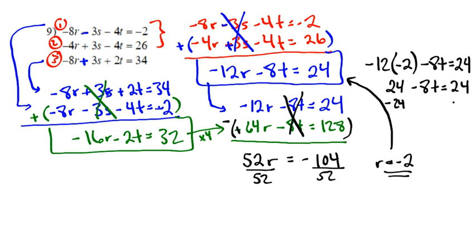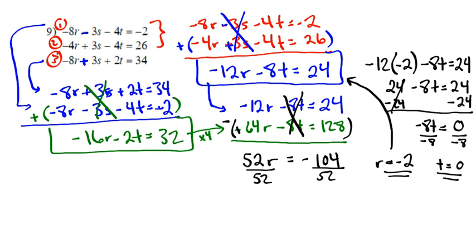I'm just doing inverse operations here, subtract 24 from both sides, and I've got -8t over here because this becomes 0. This is also 0, representing a value of 0 over here. Divide by -8, and I get t is 0.